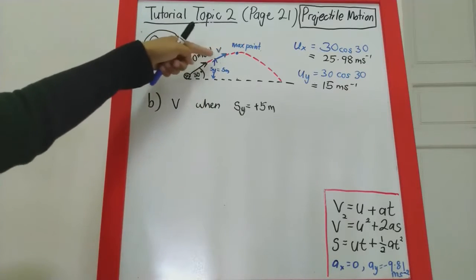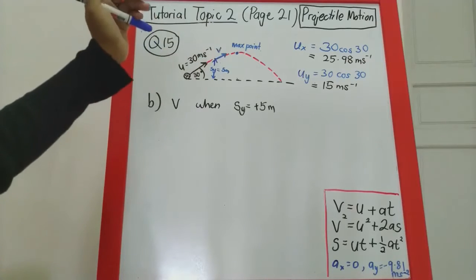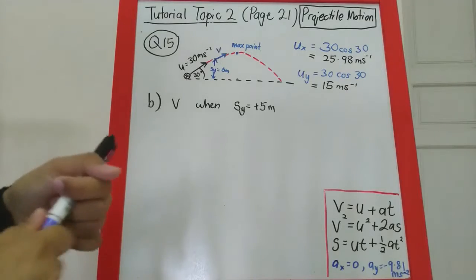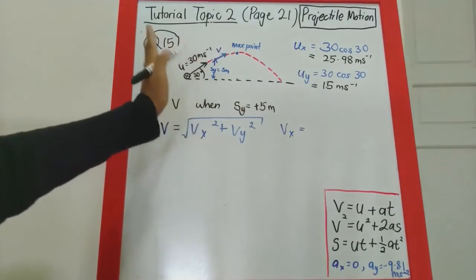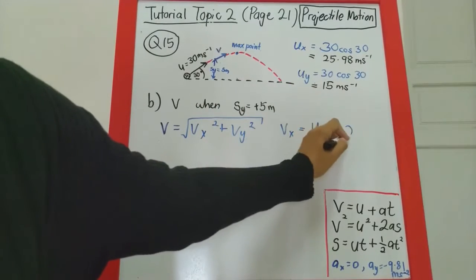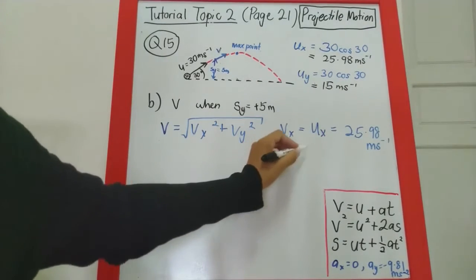So that's the V that I'm looking for. If you look, V is not Vx or Vy. Therefore, we need to find V by using this equation. Vx will always equal to Ux. Therefore, we have the value for Vx already. All we need to do is find Vy.